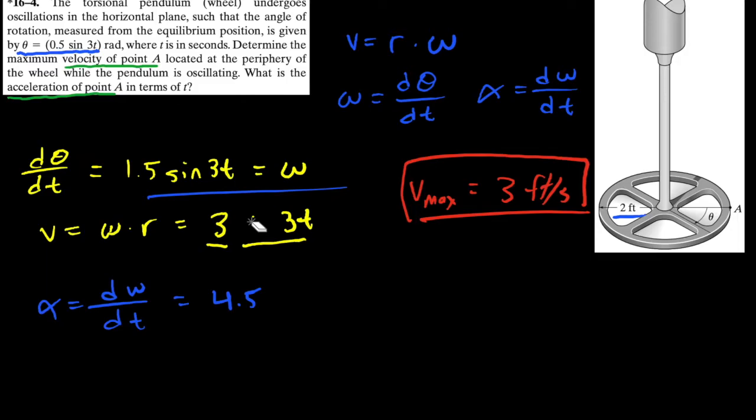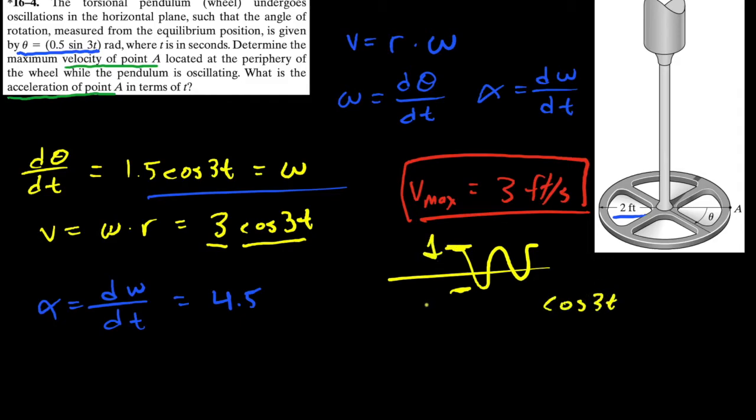This is not supposed to be sine, this is supposed to be cosine, because when we take the derivative, the sine turns into a cosine. So that will be 3 cosine 3t. The plot is the same because we're dealing with a sinusoid. If I plot cosine 3t, it goes from 1 to negative 1. This should be fairly straightforward.